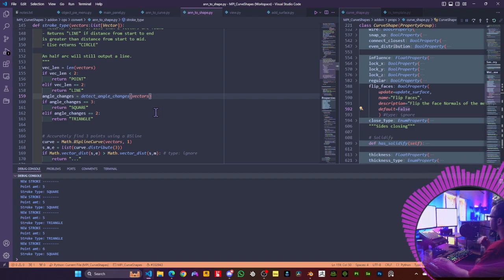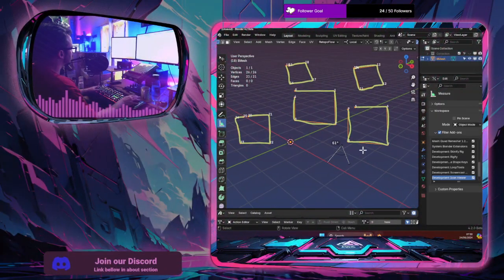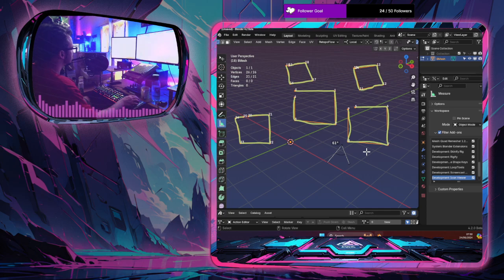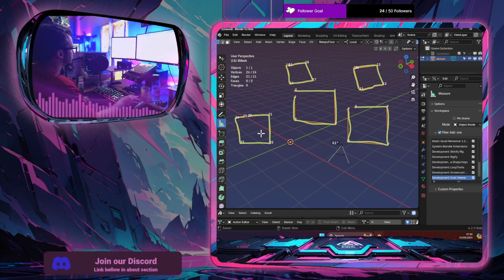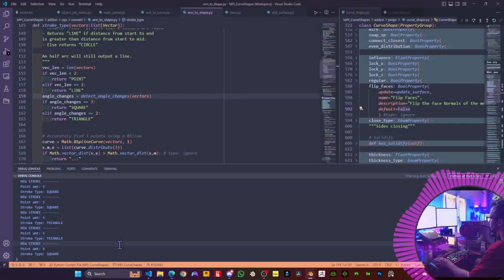Two angle changes? Really? This one gave me a square. It's weird.